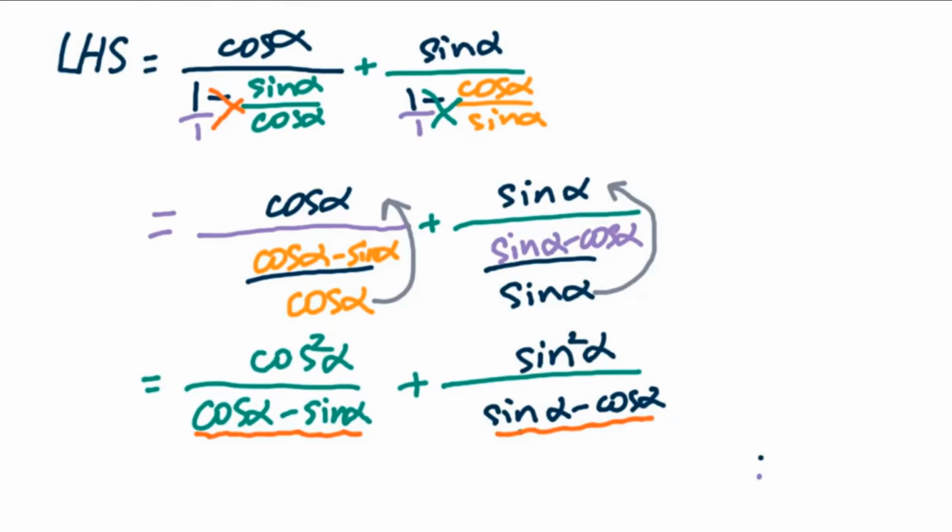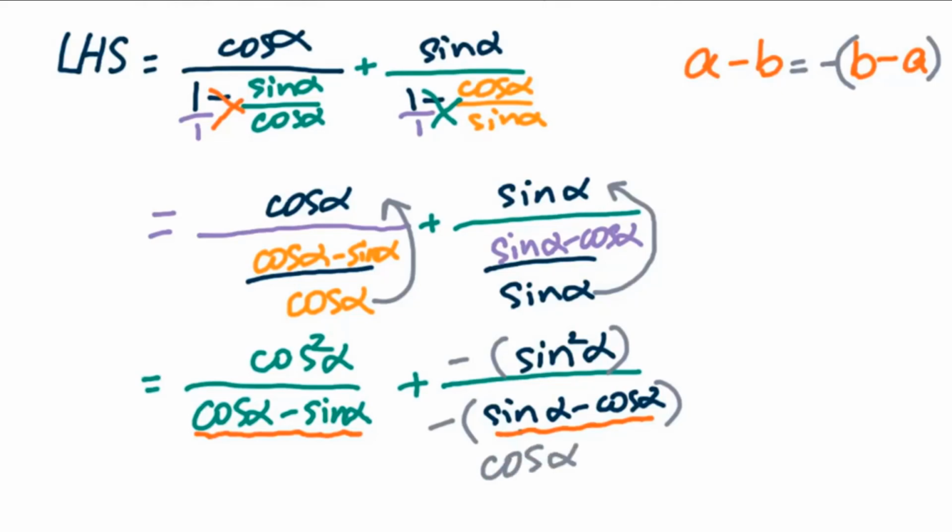They are opposite to each other. We know A minus B and B minus A are opposite to each other. So I can put the negative sign before B minus A so that we can get A minus B. In this case, I can put the negative sign before sine alpha minus cosine alpha, so that we can get cosine alpha minus sine alpha.